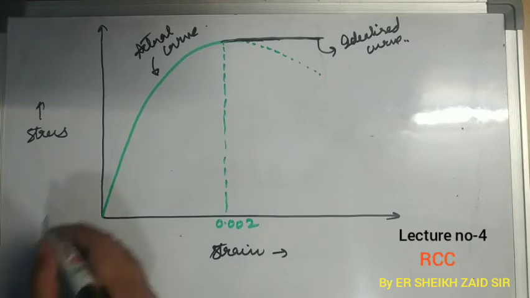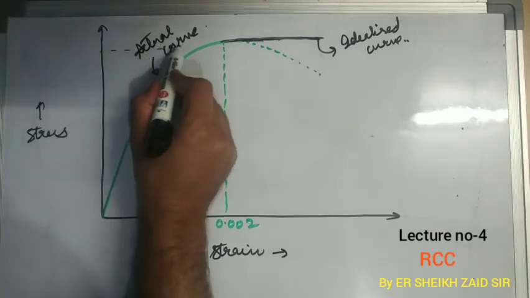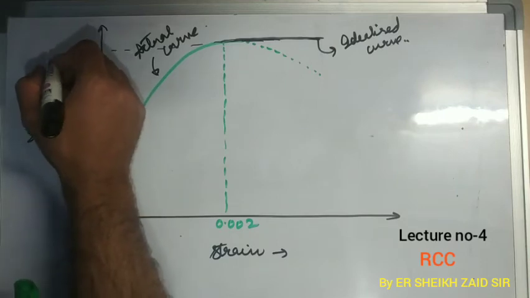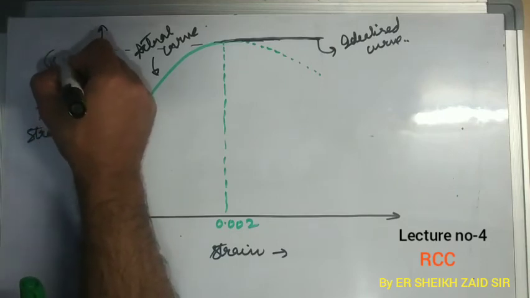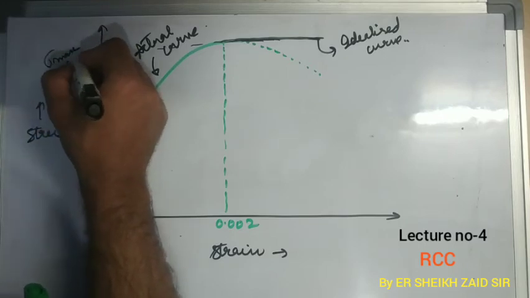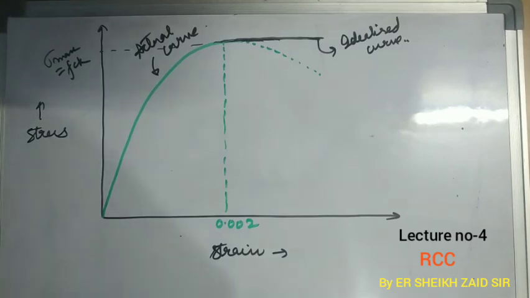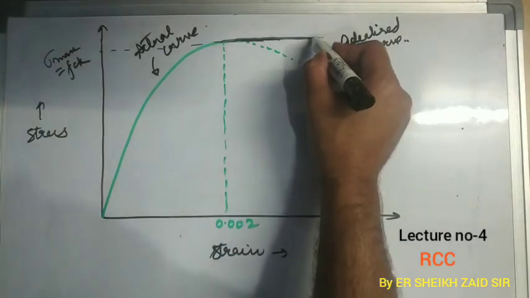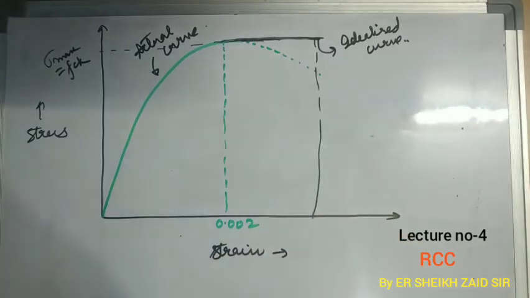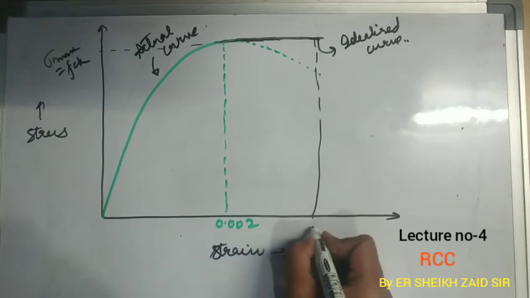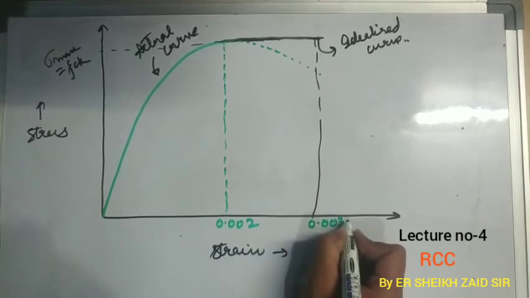Corresponding to this value, this will be our sigma max, maximum stress. That will be equal to FCK, that is characteristic strength. The maximum strain value here is 0.0035.